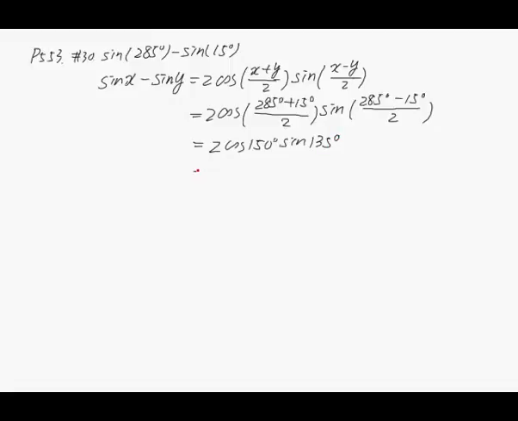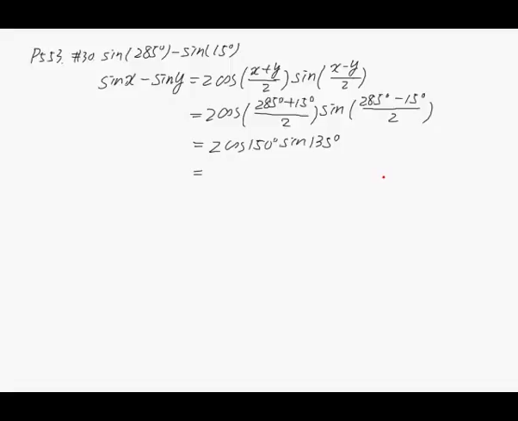Now tell me, what is the reference angle of 150 degrees? 30, right? 180 minus 150 is 30, so 30 degrees. And what is the sign of cosine 150 degrees? Negative, right?